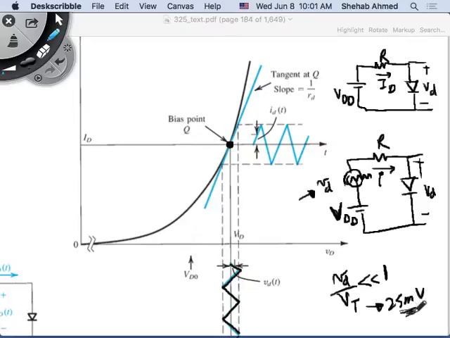So something over 25 should be less than 1. So its maximum value should be, say, 5 millivolts. 5 over 25 is 1/5, so 20%. So it's 0.2. 0.2 is less than 1, considerably less than 1.